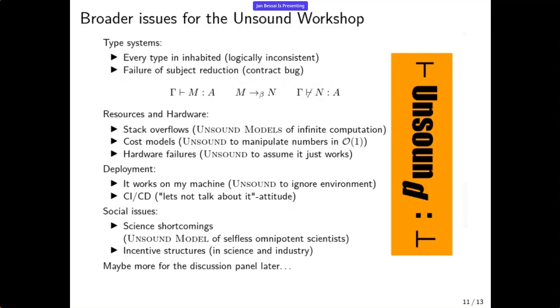And that would be a failure of subject reduction. So if we have some program M that has type A, and then we somehow evaluate that program, for example, by doing some beta reduction, and we get out a program N that is just a simplified version of M, and type A is no longer valid for that simplified program, then that's some bug in our way of specifying contracts. And that's a failure of subject reduction.